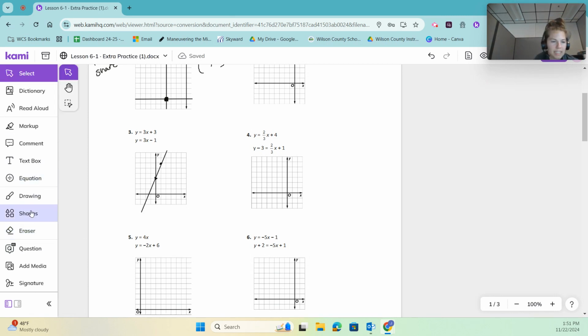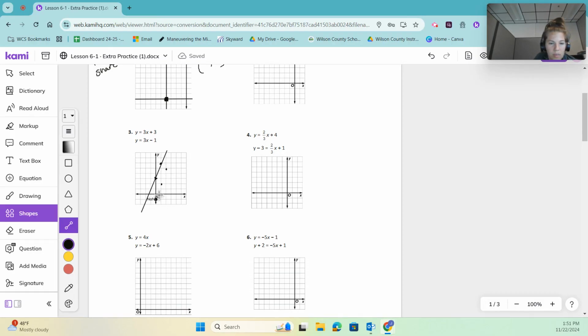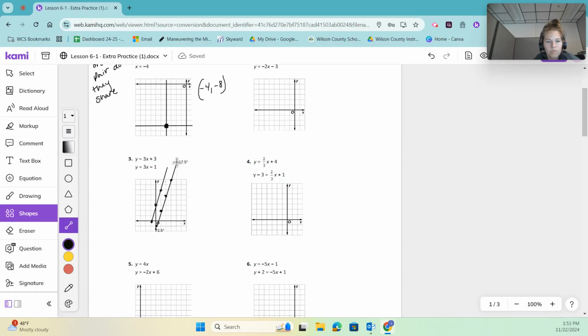Then I'm going to plot my second point at -1. And I have the same exact slope, so I'm going to rise 3, run 1, rise 3, run 1, and plot that point.